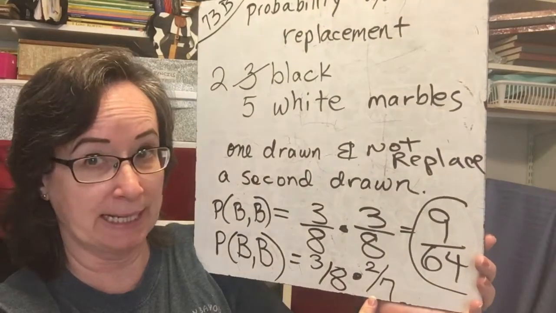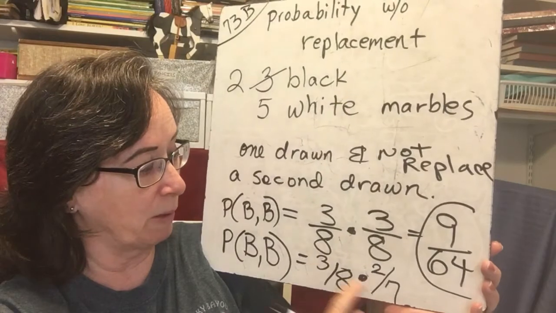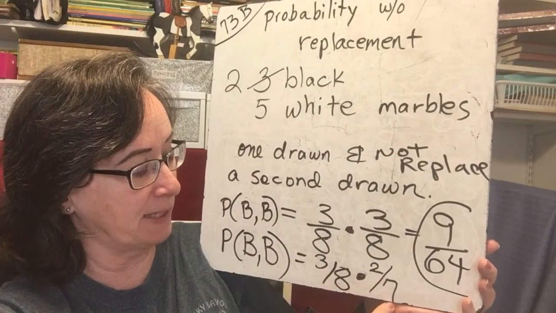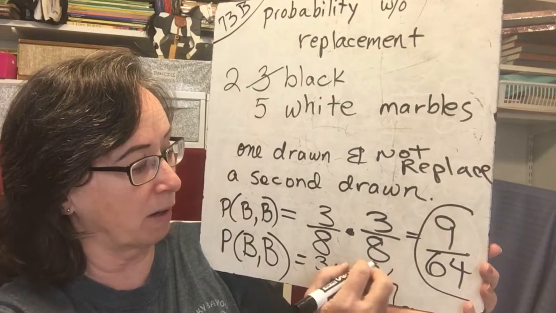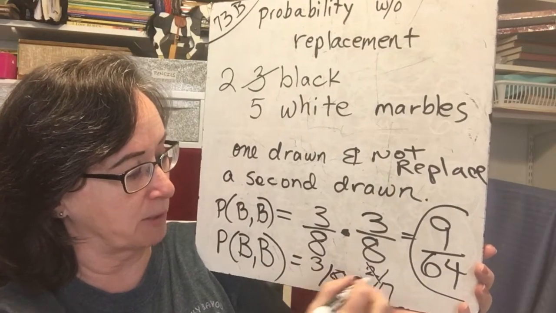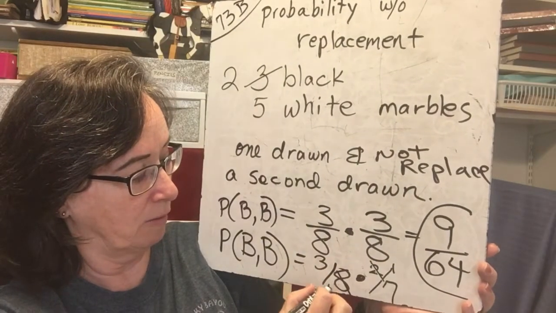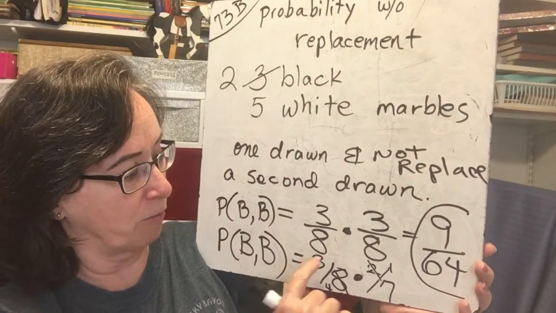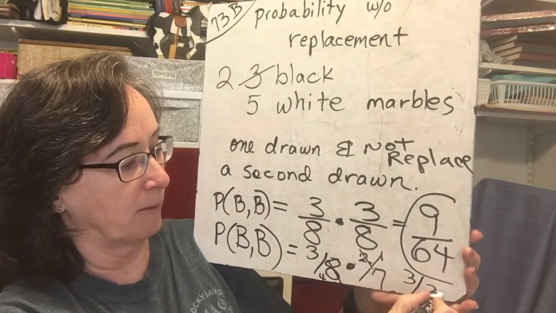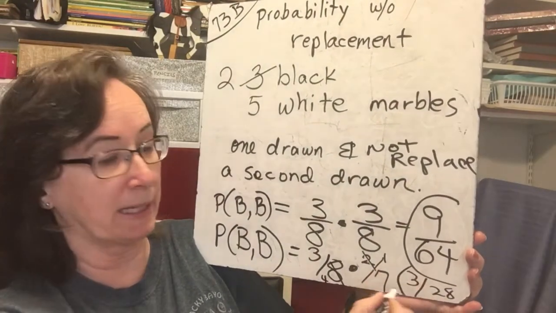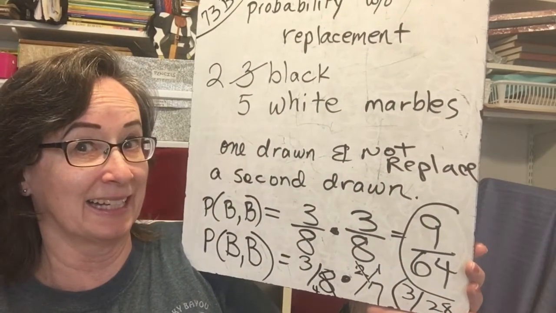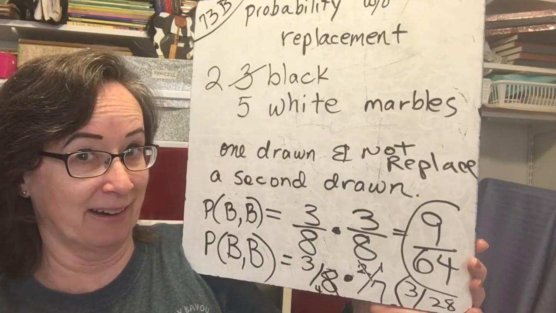and not replaced. Okay, so we would end up getting 6/56, or remember my 8's on the bottom, my 2's on the top, so 1/4. So 3/28 would be the probability of them both being black in the not replaced scenario.